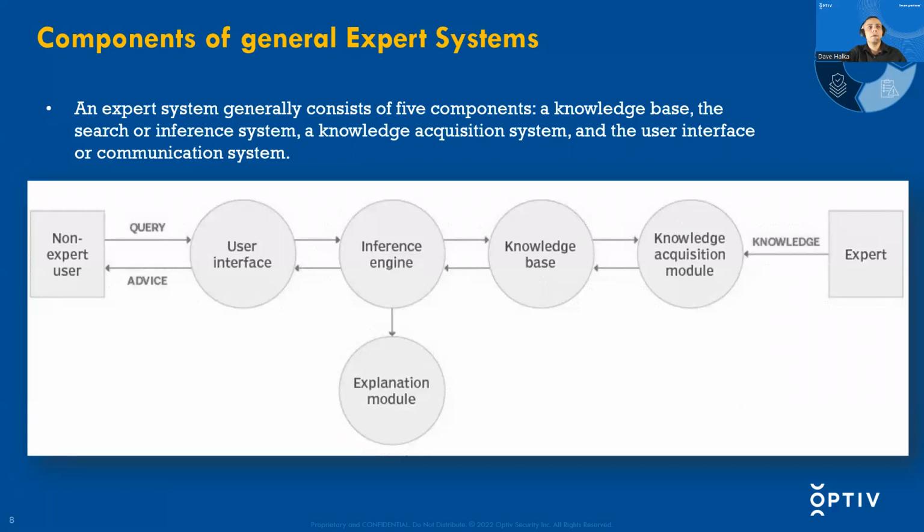So let's talk a little bit about what the main components of the expert system are. An expert system usually consists of five components: the knowledge base, the search or user interface, the inference engine, and from the back end, there is a knowledge acquisition module, which is where I, as a consultant and expert, am going to feed some information, not data.